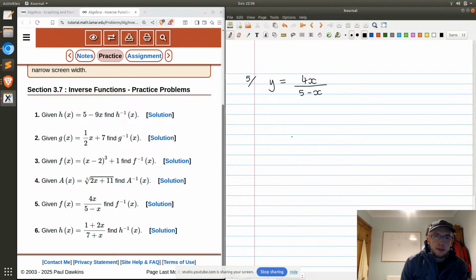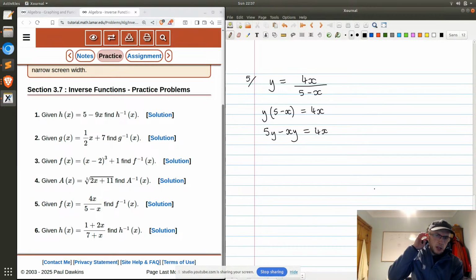How can I get x by itself? First, multiply both sides by 5 minus x. This is sometimes called cross-multiplying, sort of, like this. Now expand on the left, like that.